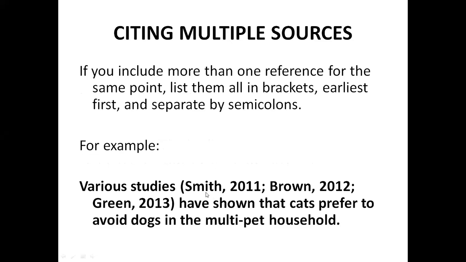When there are multiple sources, maybe there are 2 books or a book and a journal or 3 journals, so you put them all in brackets if you're not using the names in your sentence. Various studies, for example, then you put the actual studies that are talking about what you're saying, have shown that cats prefer to avoid dogs in the multi-pet household. So you put in brackets or here at the end in brackets.